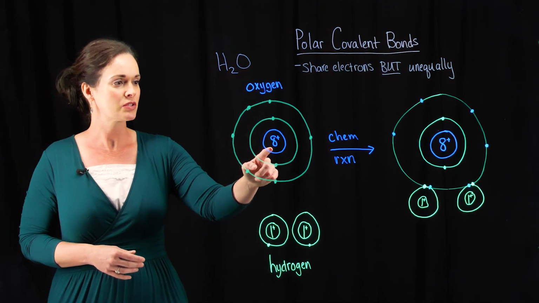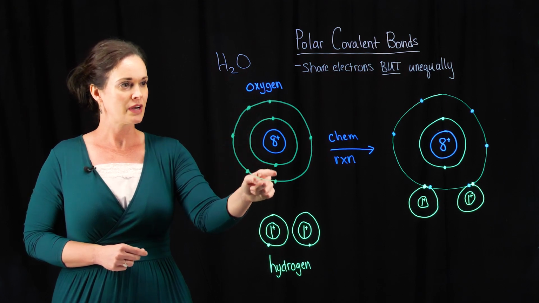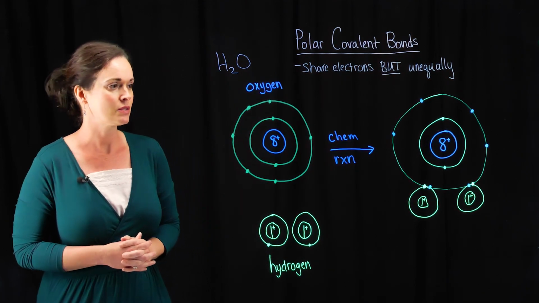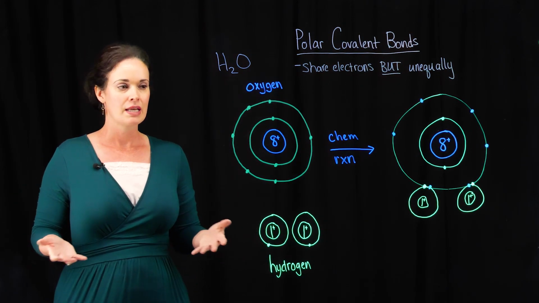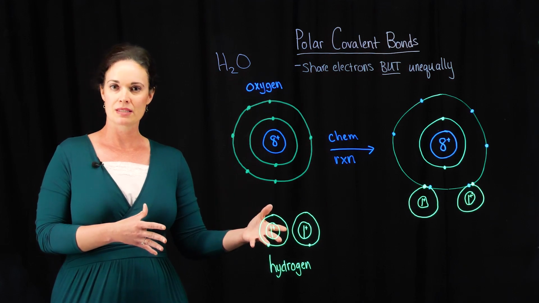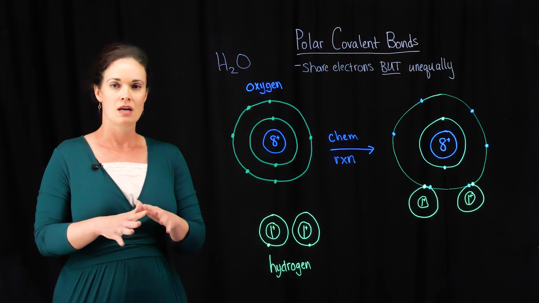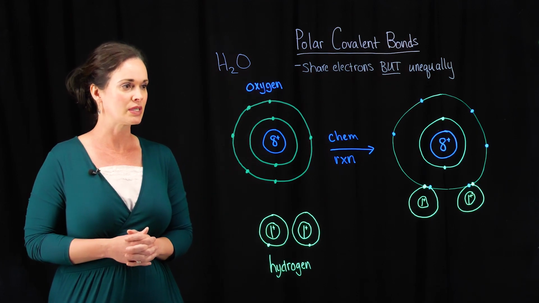So we've got 8 protons here in the nucleus. With oxygen, we've got 1, 2, 3, 4, 5, 6, 7, 8 electrons that are floating around in those atomic shells or orbital shells. Electrons are negatively charged, and because we've got 8 positively charged protons and 8 negatively charged electrons, oxygen as a whole, as an atom, does not have a charge to it.